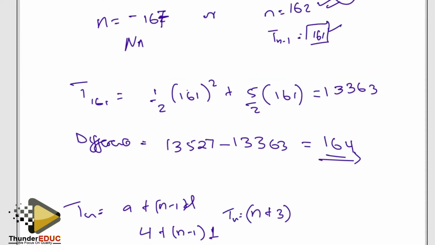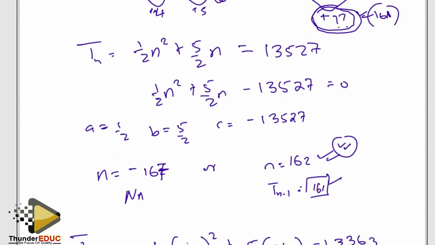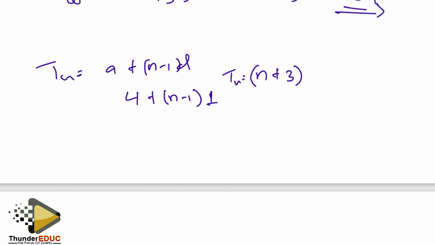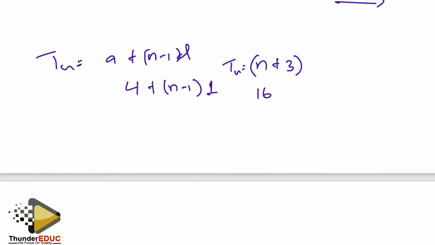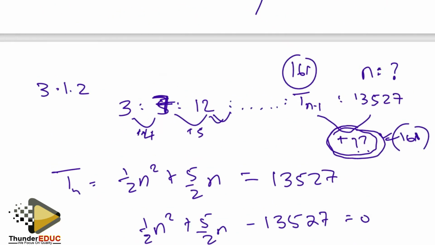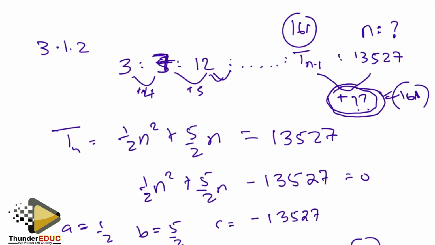Remember we said our Tn is 161, the position, or not the position, the term itself. That's n plus 3. 162, 161, that's correct.